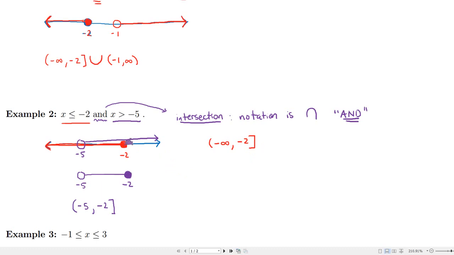So we're including -2. And then the purple one, what's that? So this becomes -5 to infinity. And this notation here is the operation that connects these two intervals together.